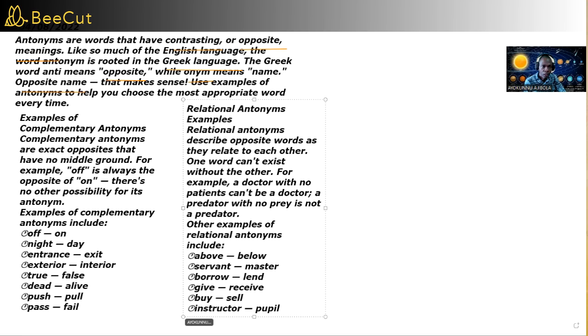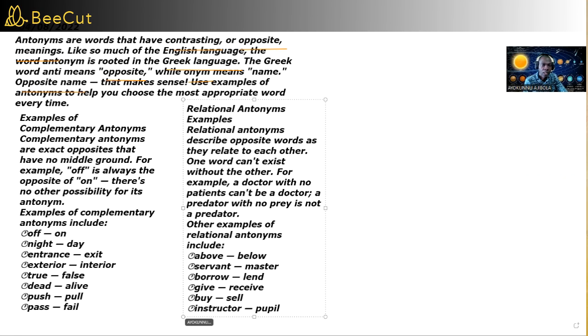Now, there are other examples here: graded antonyms. Let's talk about graded antonyms. Graded antonyms deal with levels of comparison, and they can be two words on a scale. Many are relative terms which can be interpreted differently by different people.